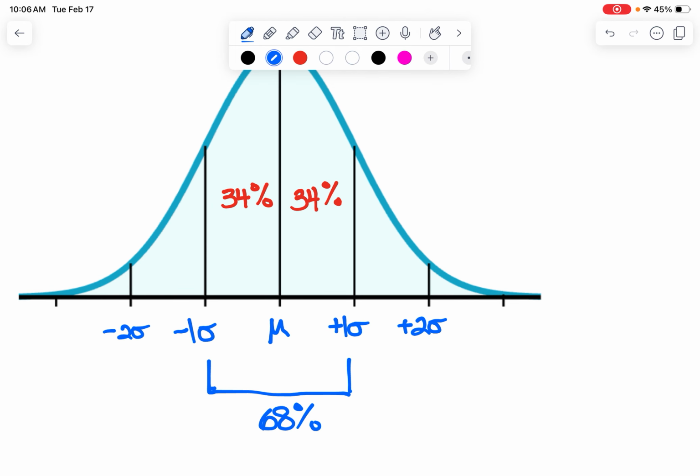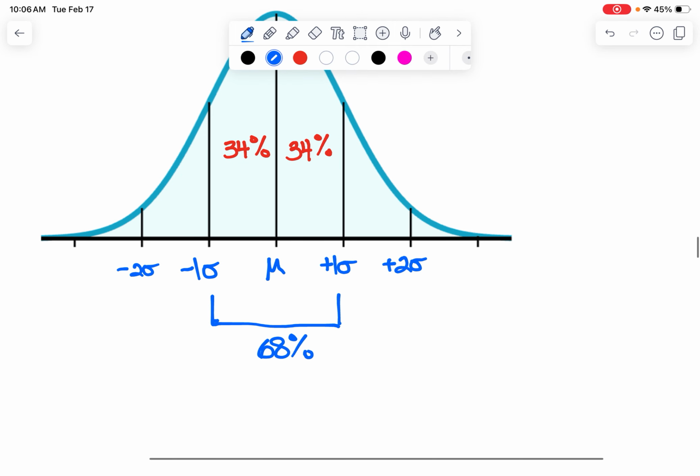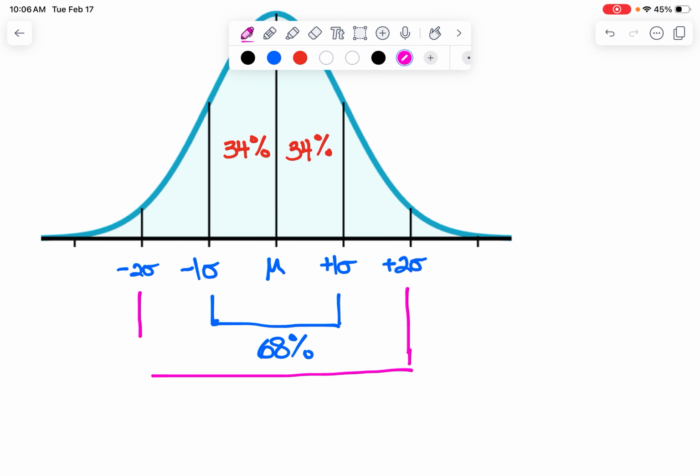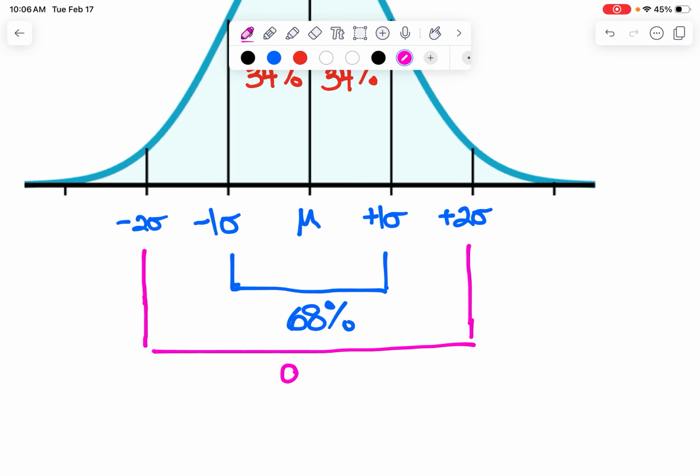Okay, so in this particular case, I think I'll go with a different color here. From here to here, that distance right there is 95% of the data within 2 standard deviations.